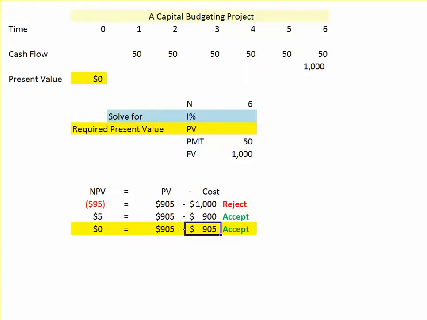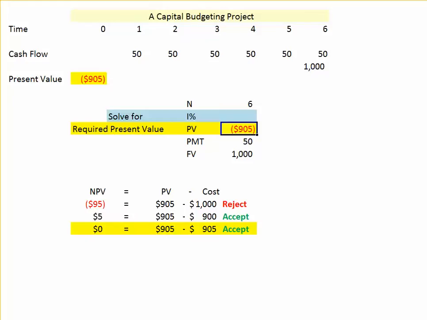Recall for our project we looked at earlier, if the project had a $905 cost, then the present value of the cash flows exactly equaled the cost, and we had a net present value of 0. And recall, the net present value of 0, that's our definition of the rate of return that gives us our project's internal rate of return.